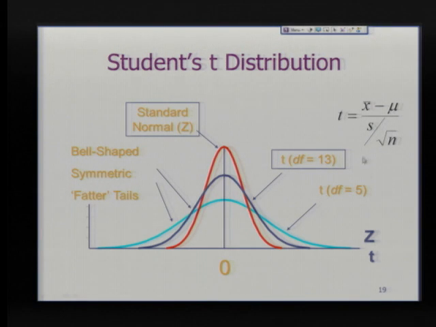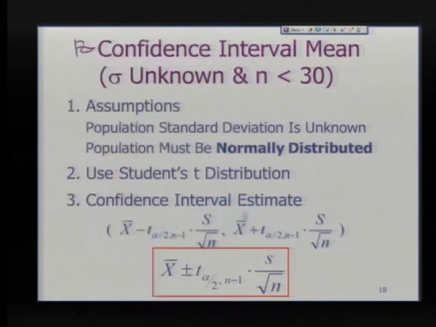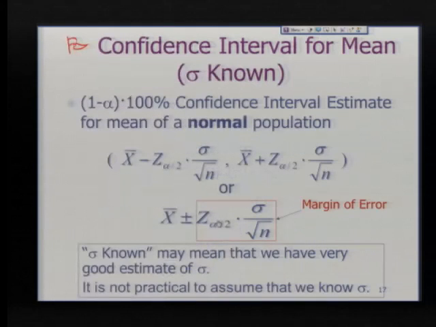This t distribution is related to the sample size. It has a parameter called degrees of freedom, which is the sample size minus 1. And when the sample size gets larger and larger, this t distribution gets closer and closer to the standard normal distribution. That means this formula will get closer and closer to the formula that has a z-score when we have a large sample.